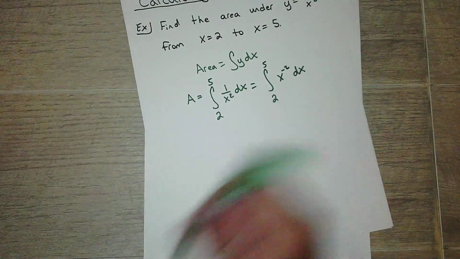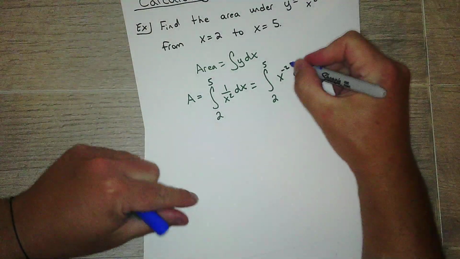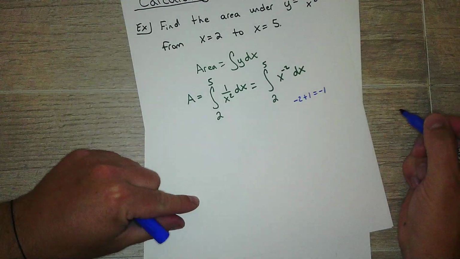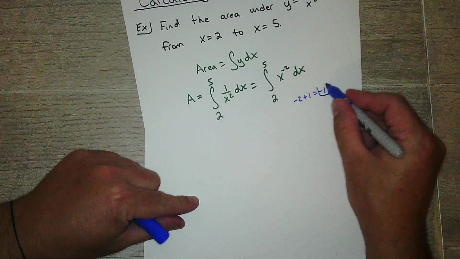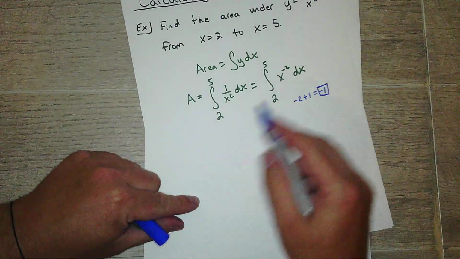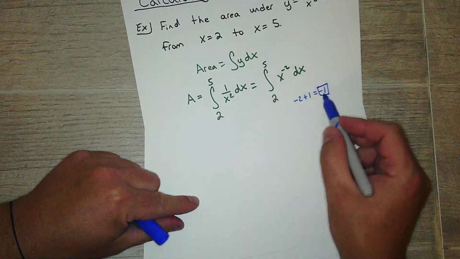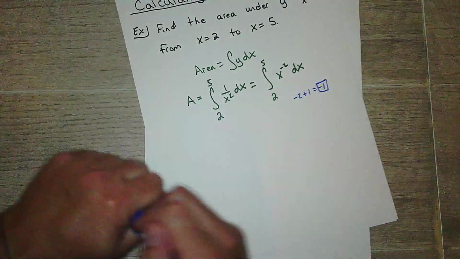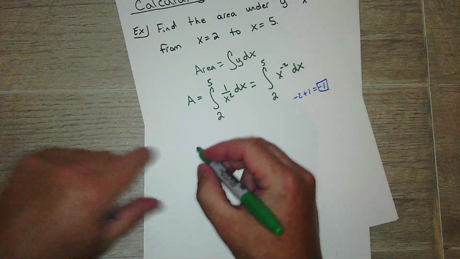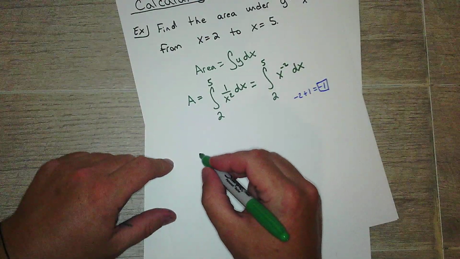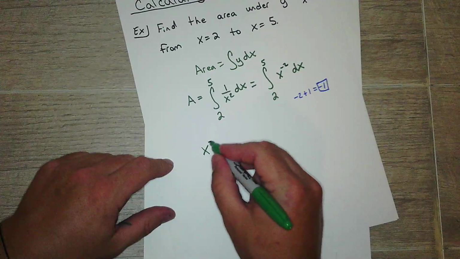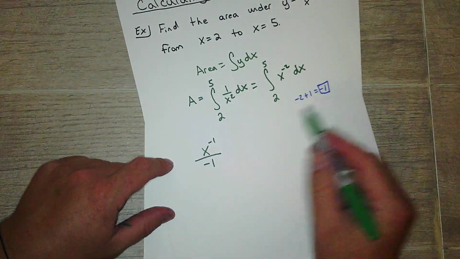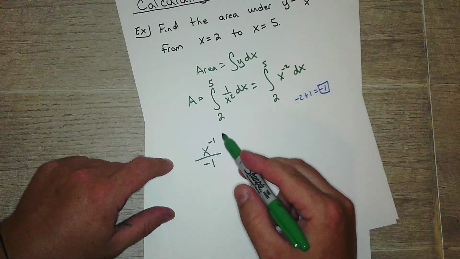Now I integrate. Remember, integrating, I'm going to add 1. It's negative 1. That becomes my new exponent, and I divide by that. So I get x to the negative 1 over negative 1.